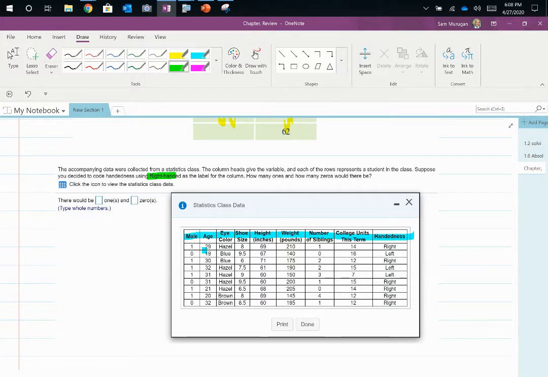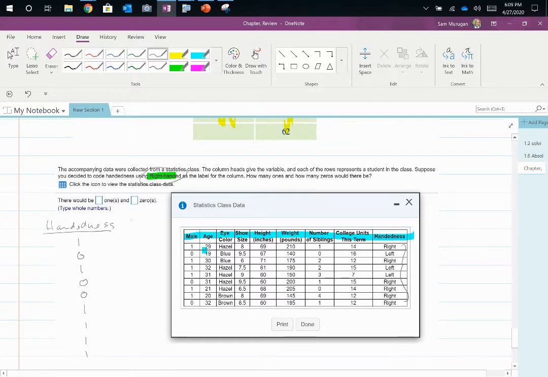So if I'm making up this data here, I'm putting, let's say, handedness, and right-handed would be 1. I'm looking at this column here. I have 1, then a left hand would be 0, right would be 1, then I have 2 lefts, then I have 4 rights, 1, 2, 3, 4.